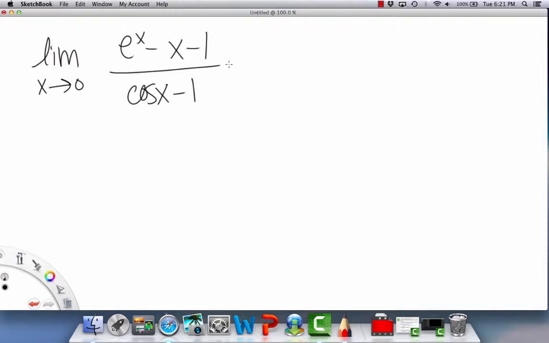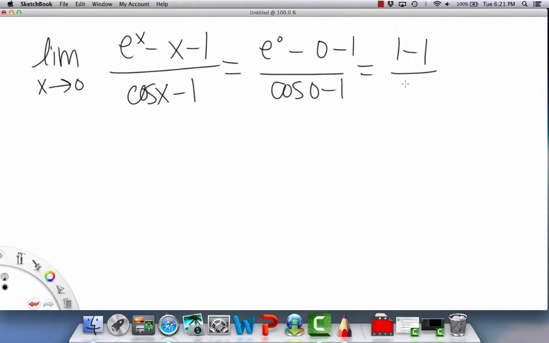Alright, so let's try evaluating this right off the start. So if we plug in 0, we get e to the 0 minus 1 over cosine of 0 minus 1. So this equals e to the 0 is 1, and then the minus 0 and minus 1. And then we have cosine 0 equals 1 minus 1. So as you can see, we get 0 over 0.